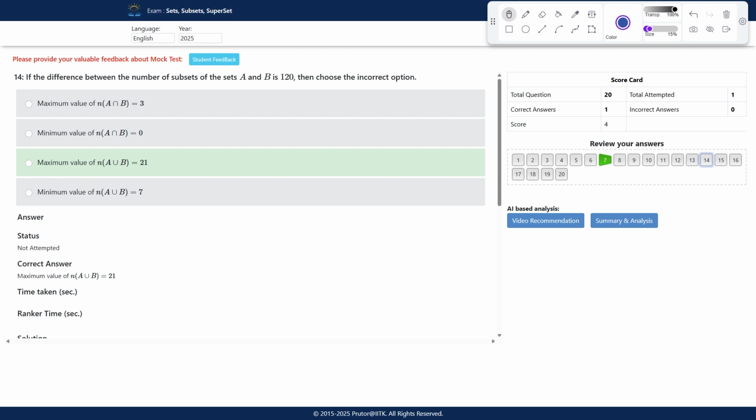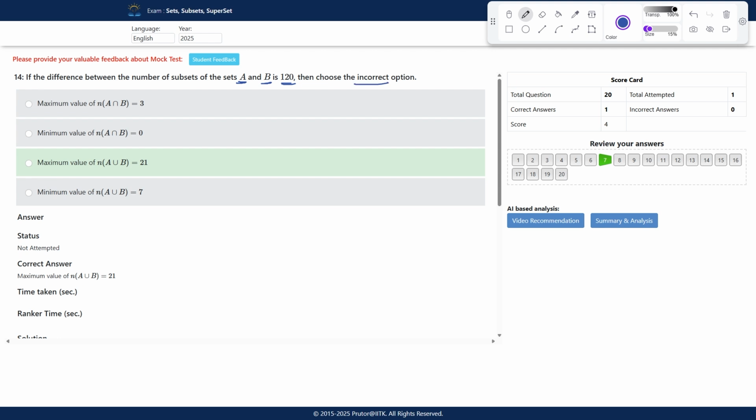Question 14: the difference between the number of subsets of sets A and B is given to us as 120. So the total number of subsets of A minus the total number of subsets of B is 120. Clear? You have to choose the incorrect option.